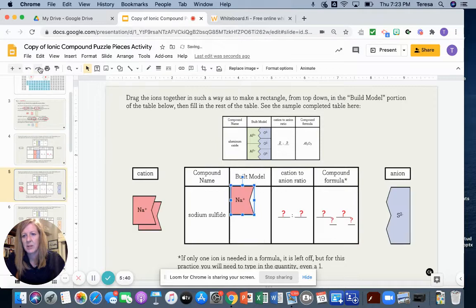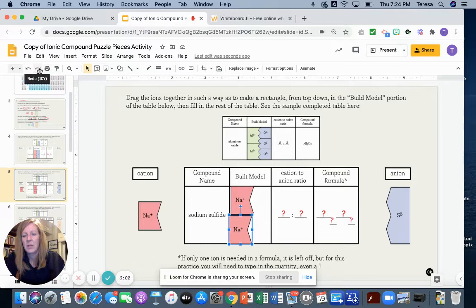Then we're going to move along to slide number 5. In slide number 5, we have sodium ions and sulfur ions. We always start with the positive ions, the cations. 2 sodium ions can fit in our little model space.